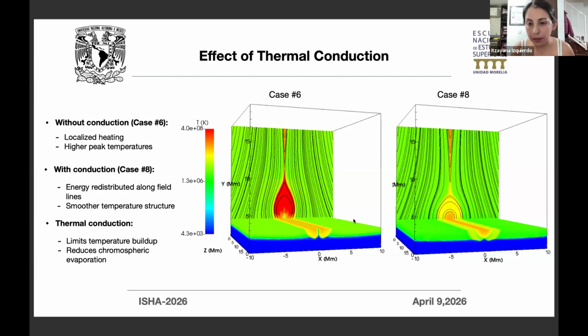And on the right, when thermal conduction is included, the energy is redistributed along the magnetic field lines. So this results in a smoother temperature structure and lower peak temperatures, approximately 2 orders of magnitude lower than for case 6.